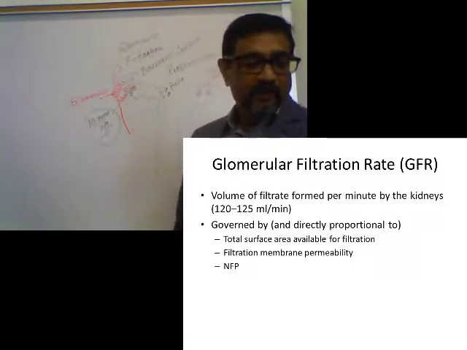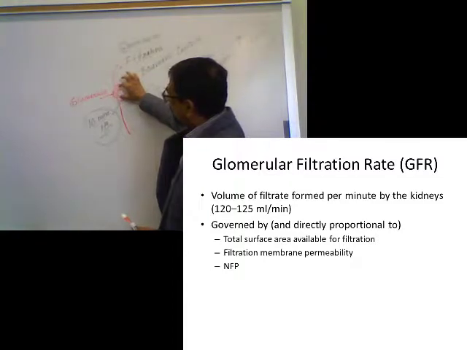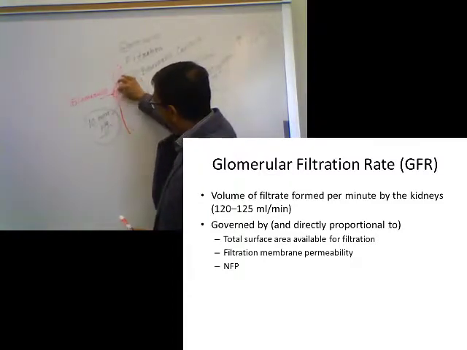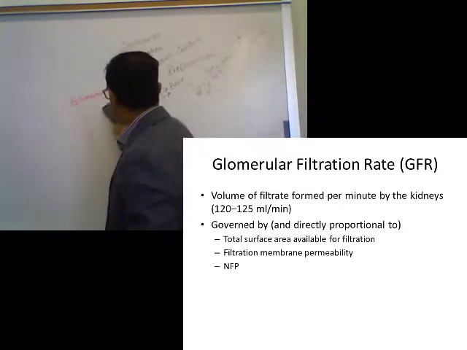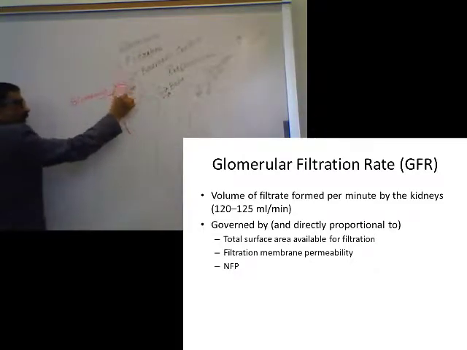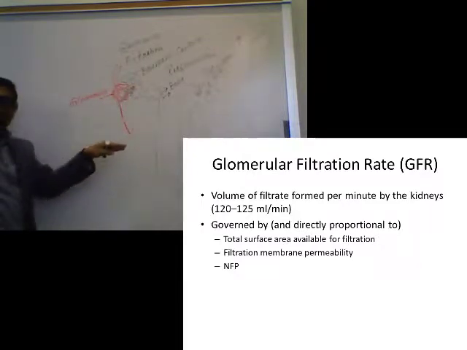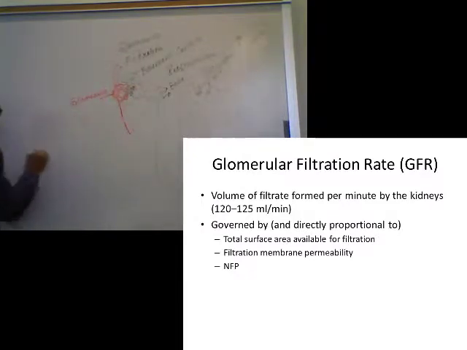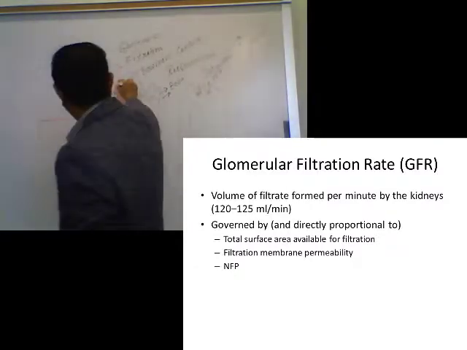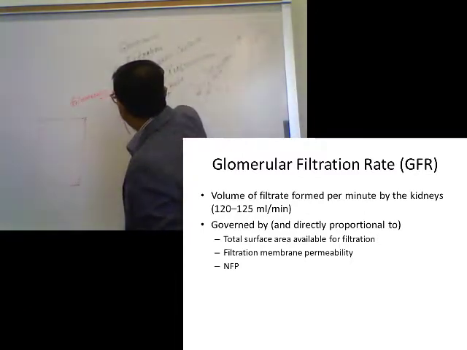So now, what is total surface area of filtration? Think here, this is the glomerulus. Now, very simple way, if you want to think, if I make this glomerulus straight, that capillary straight, and measure the total surface area, and another glomerulus is smaller, so this is another glomerulus which is smaller.